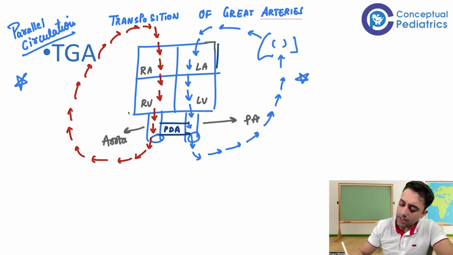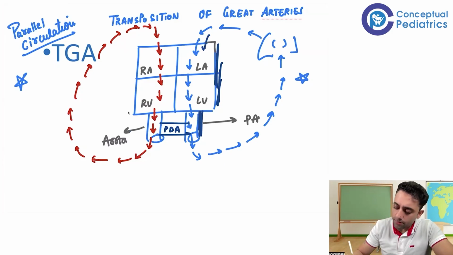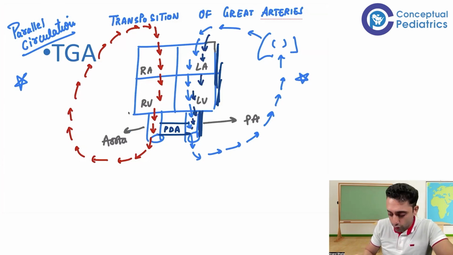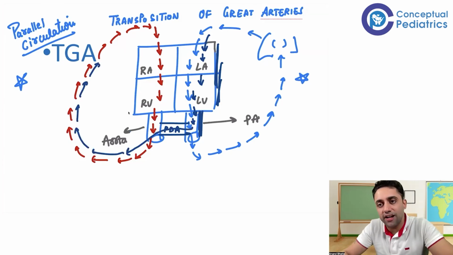We all know that the left side of the heart has a higher pressure than the right side of the heart, and if I keep the PDA open, then the blood coming to the left atrium, left ventricle and then to the pulmonary artery goes through the PDA to the right side.